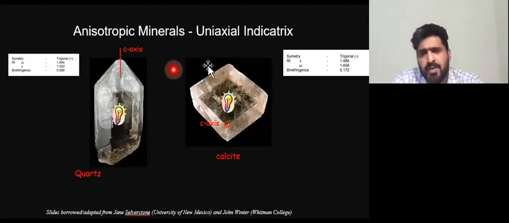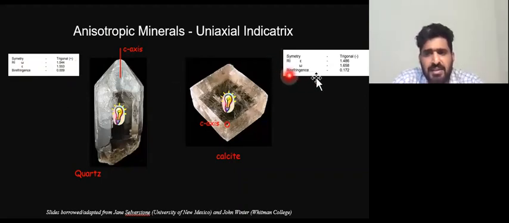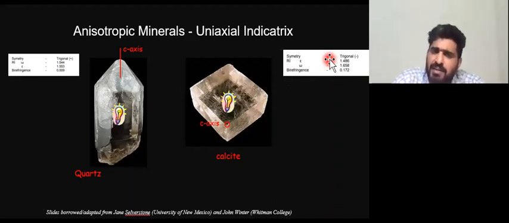At the same time, calcite has n epsilon of 1.486 and omega of 1.658. That means in the case of calcite, even though it is a uniaxial mineral, n omega is greater than n epsilon. That is why calcite is a negative mineral, or the optic sign of calcite is uniaxial negative.